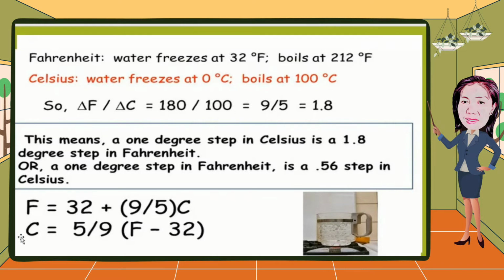Ito naman ang equation for Celsius, meaning given ang Fahrenheit and you are asked to convert it to Celsius. So the equation is Celsius is equal to 5 divided by 9 times the amount in Fahrenheit minus 32. Okay? So, asan kinuha yung 9 over 5? Kinuha yan dito, 9 over 5 or 1.8.